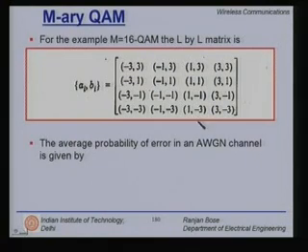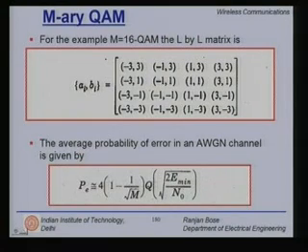Now, let us talk about the average probability of error in an additive white Gaussian noise channel. Clearly, there are some points in the constellation diagram which are closer to each other than other points. Certain pairs are closer to each other than other pairs of points. So those are the most likely points to be in error.